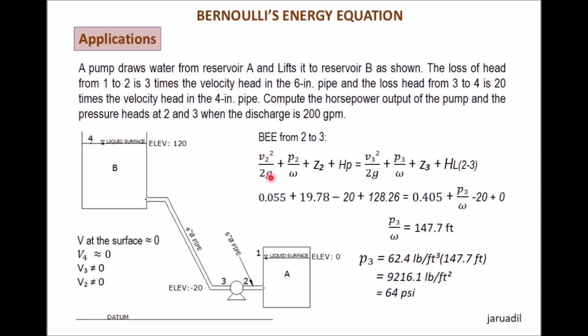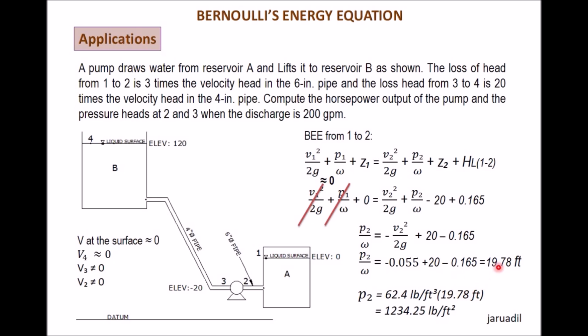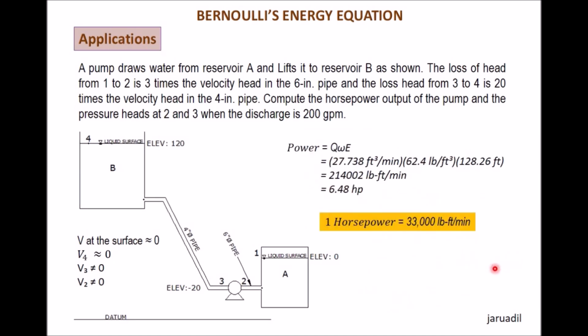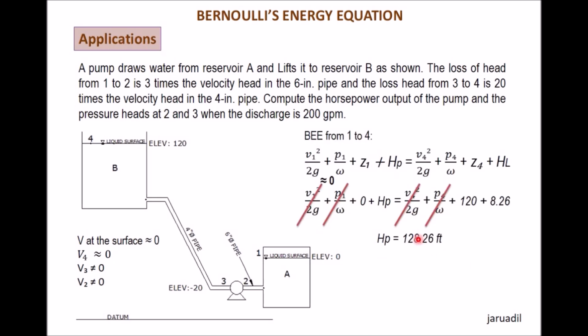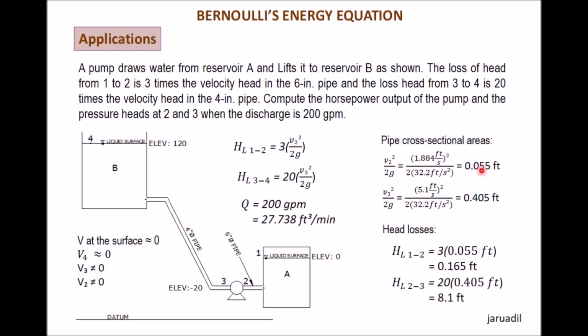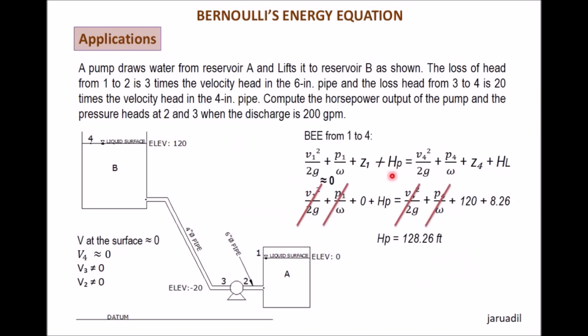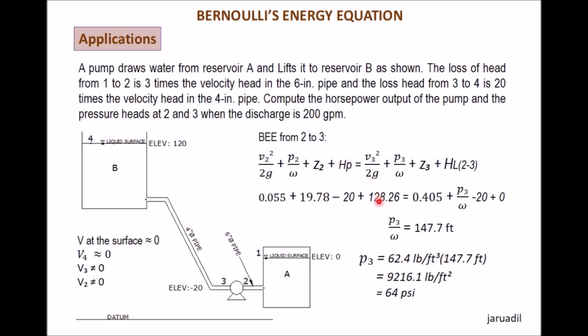So V2 squared over 2g is computed 0.055. P2 over omega we have computed, that is 19.78. So here 19.78, and the velocity head is 0.055, V2 squared over 2g, and the pump head is 128.26.